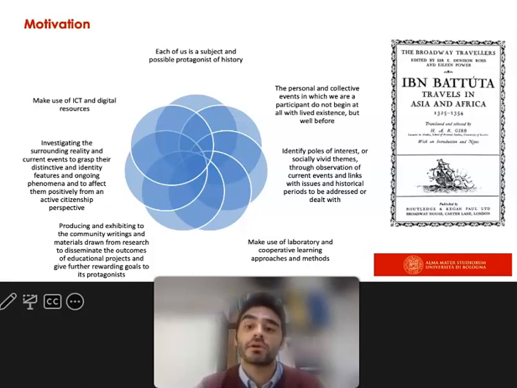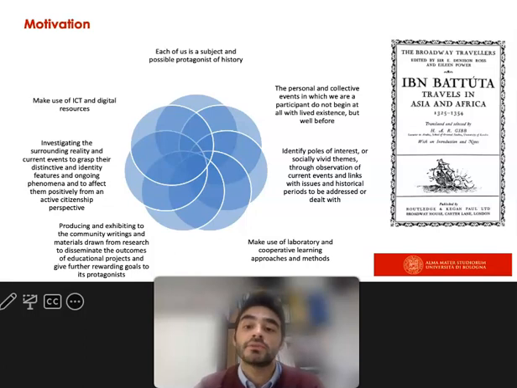Make use of laboratory and cooperative learning approaches and methods, meaning by laboratory a behavioral and methodological environment in which every knowledge achievement is the result of both shared and individual work, producing and exhibiting to the community writings and materials drawn from research to disseminate the outcomes of educational projects and give further rewarding goals to its protagonist.